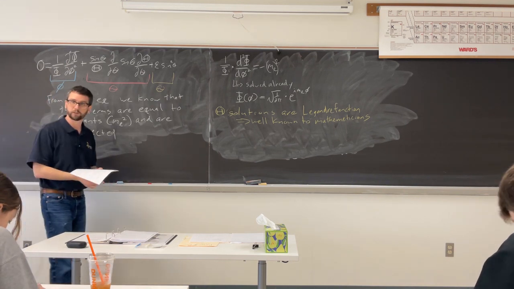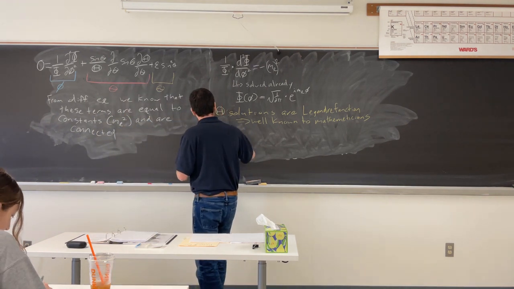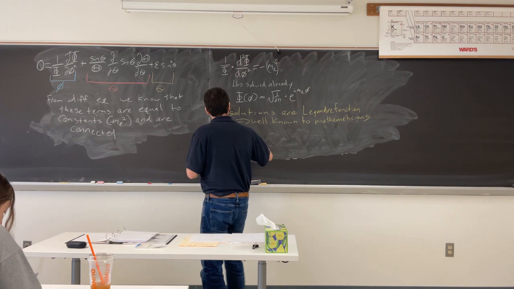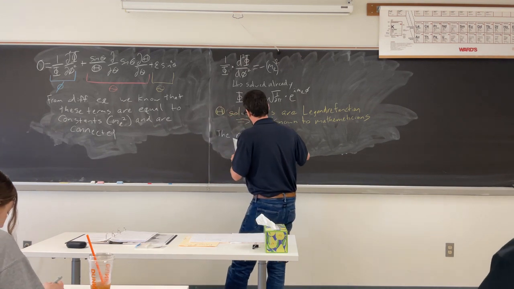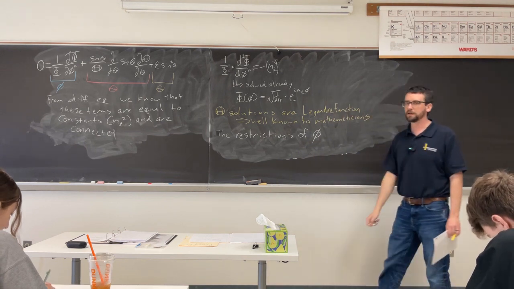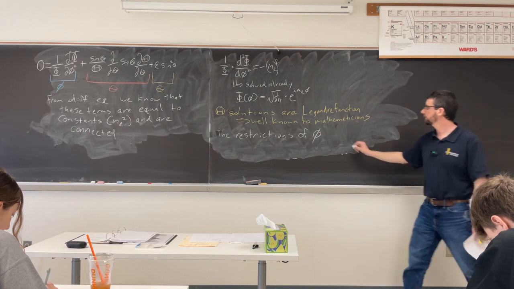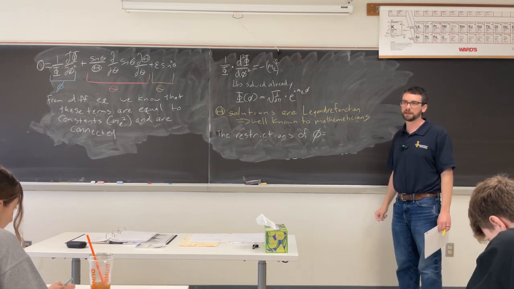So let's talk about the restrictions. What are the only possible values of phi that we can have? Or what's the max and what's the min?